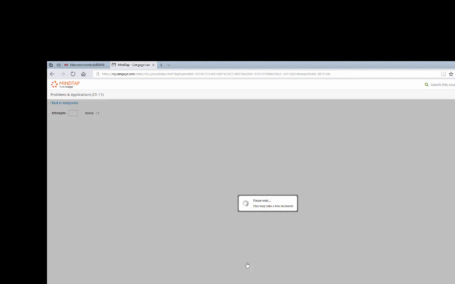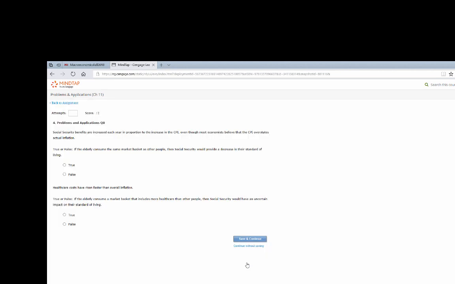And then our next question, I think it's the last one here, is asking us about Social Security benefits. It's saying here, Social Security benefits are increased each year in proportion to the increase in the Consumer Price Index, even though most economists believe that the consumer price index overestimates actual inflation. Okay, so this is then a true false.